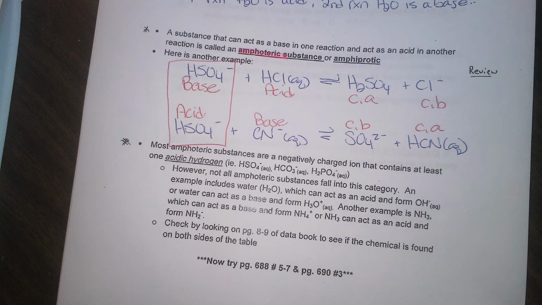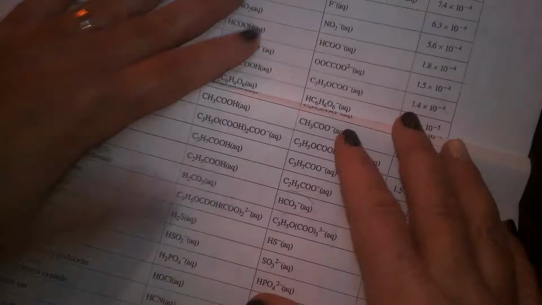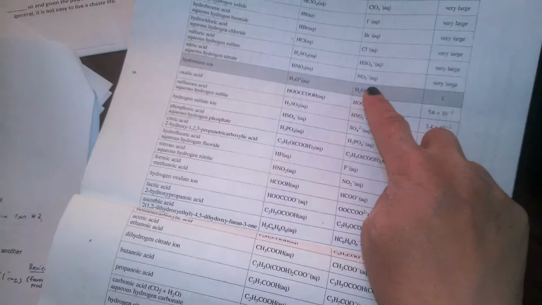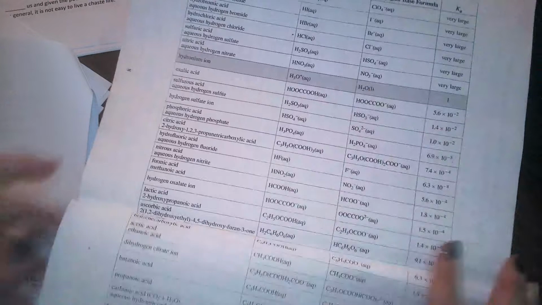Look and see on page 8 and 9 if the chemical is found on both sides of the table. So here, water is amphoteric because it's found here at the very bottom and at the very top up here. Okay?